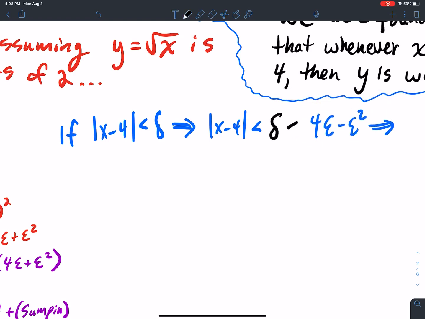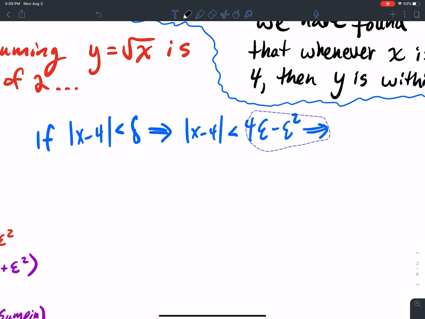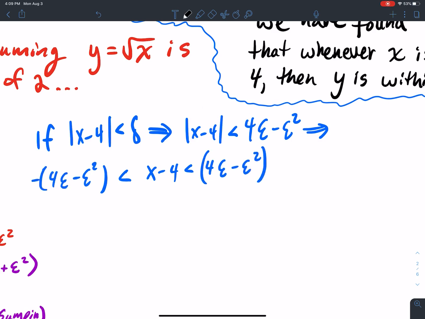You got delta, which is less than that. But guess what, the transitive property works here. So that's why I can get around saying that. Okay, so now I'm going to use my algebra here, and I'm going to do my inequality. So I have a positive and a negative on the two sides.